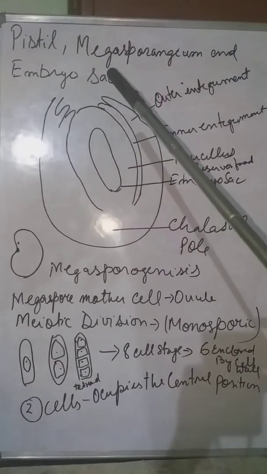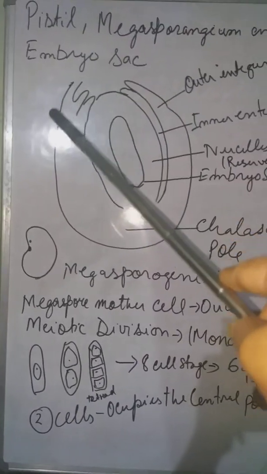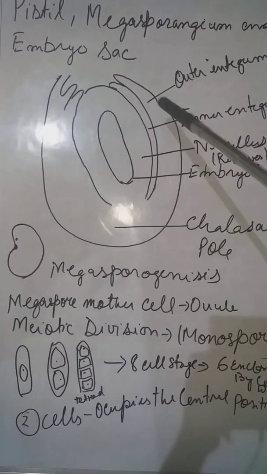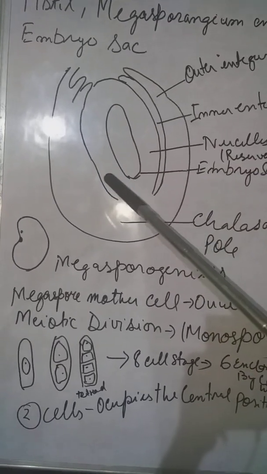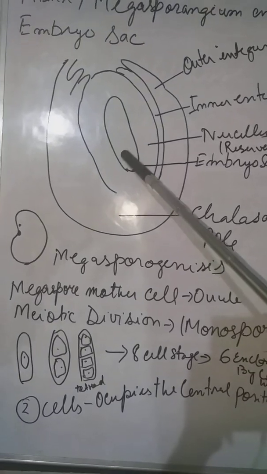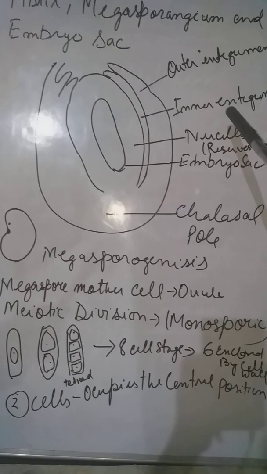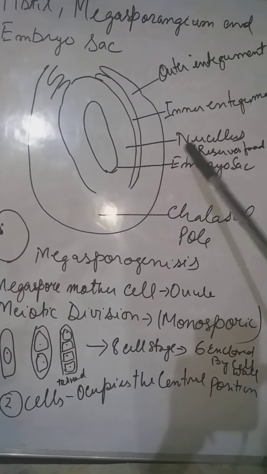Here it is written the embryo sac, and this is exactly the structure that has the ovules in it. That later develops into a seed and is capable of giving rise to a new individual.